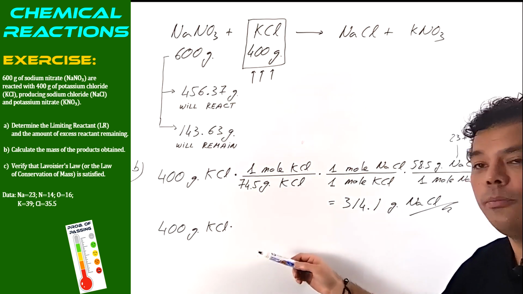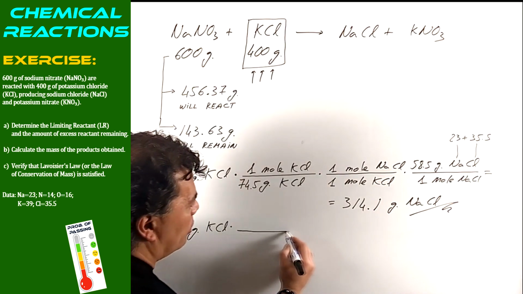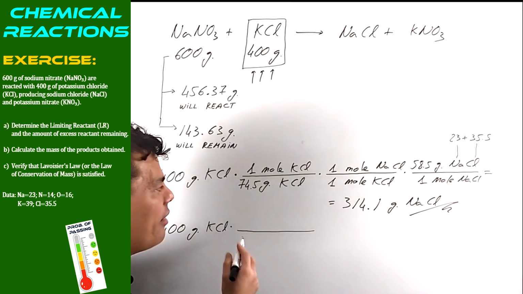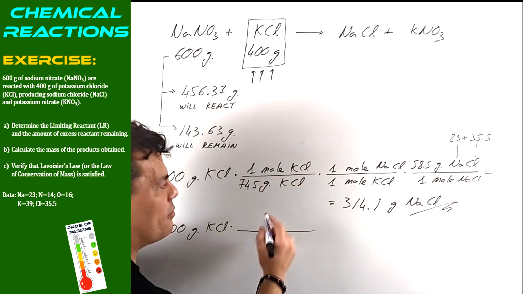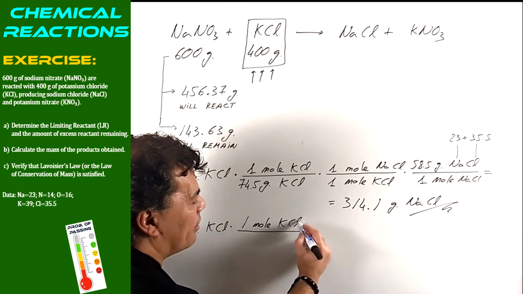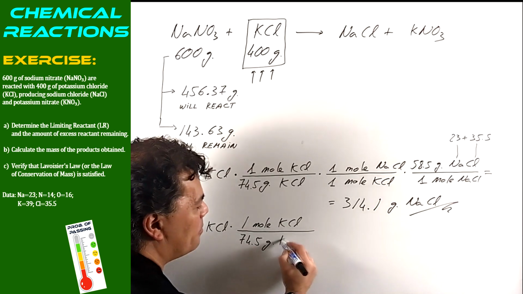And we are doing almost the same. The first conversion factor, as always, helps us to move from grams of potassium chloride to moles of potassium chloride. 1 mole of potassium chloride is 74.5 grams of potassium chloride.